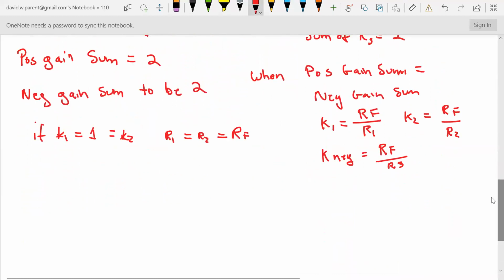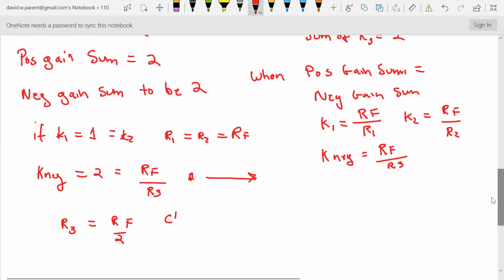Okay? Because the gains are 1, right? But K negative equals 2 equals RF divided by R3, which leads to R3 equaling RF divided by 2. All right.